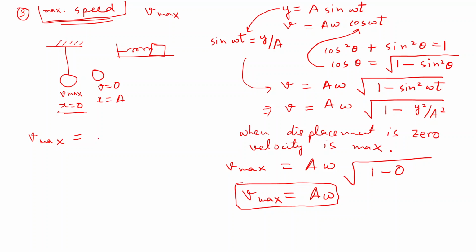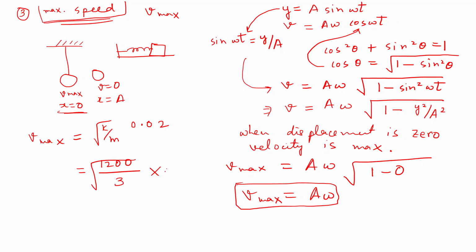omega, which is under root k by m, and the displacement was given to be 0.02. So k is 1200. This I think we had calculated earlier, but anyway we will do it again. 1200 divided by mass, which is 3.